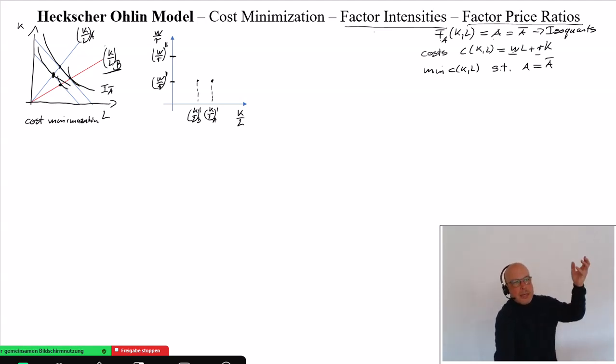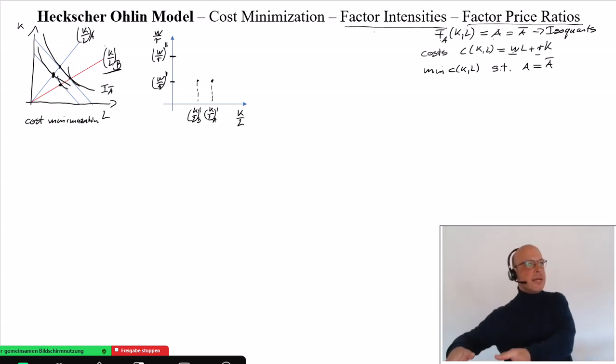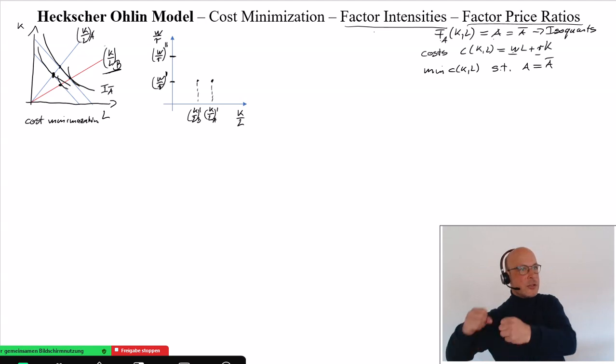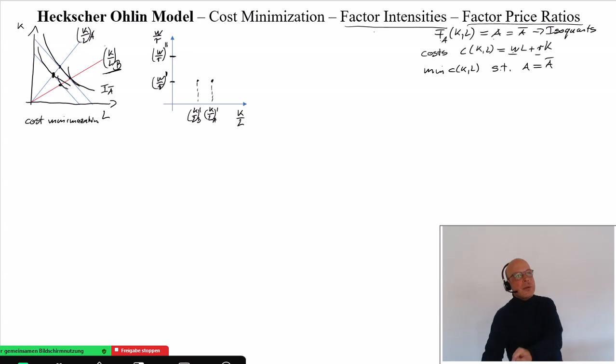Well, how does this ratio rise? Well, if you take, for example, the interest rate constant and just double wages, so labor becomes relatively more expensive. What will this mean in general for your production?